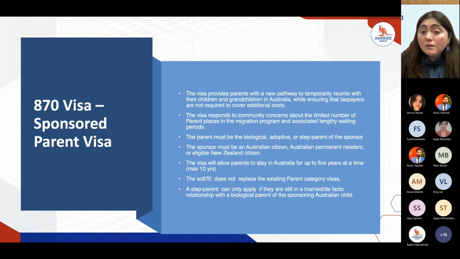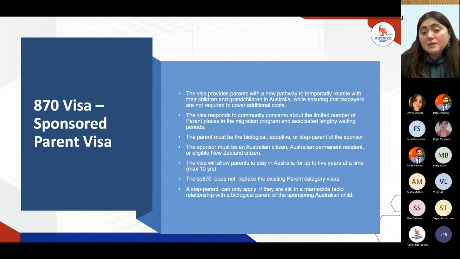Now, this temporary parent visa, like I said, the department introduced so that the parents can be reunited with their children for 5 years or 10 years, depending on the fees you pay to the department. The sponsor must be an Australian citizen or permanent resident or eligible New Zealand citizen.